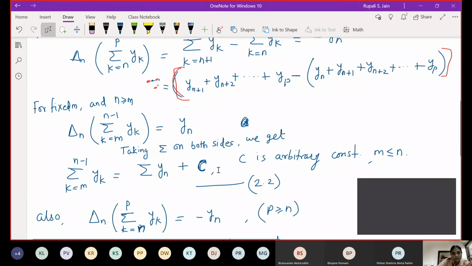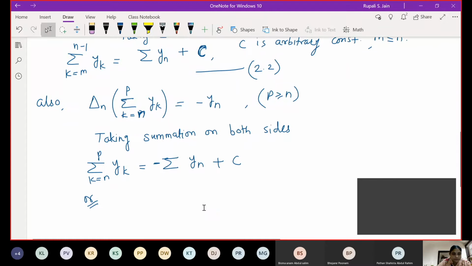And since this is an arbitrary constant, I will write again, this is not my 2.2.